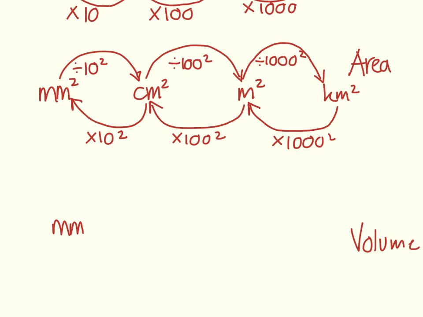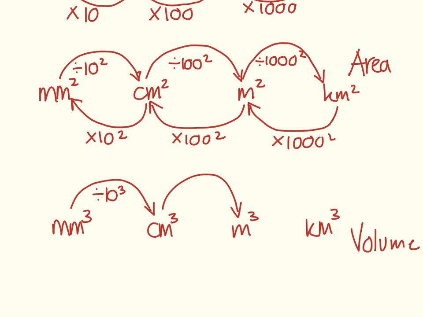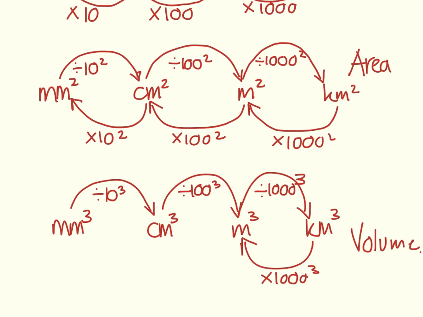So millimetres cubed, centimetres cubed, metres cubed, and kilometres cubed is going to be the same thing: divided by 10 cubed, divided by 100 cubed, divided by 1000 cubed, and back the other way. Perfect. Very good.